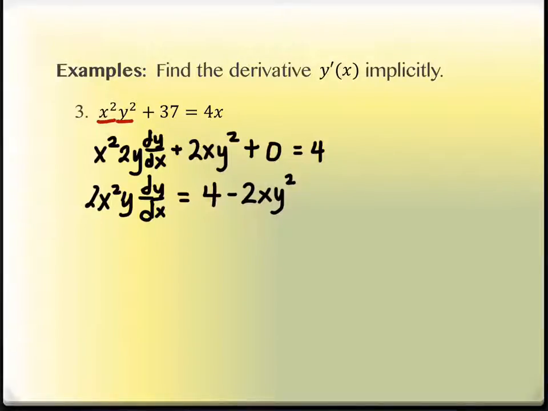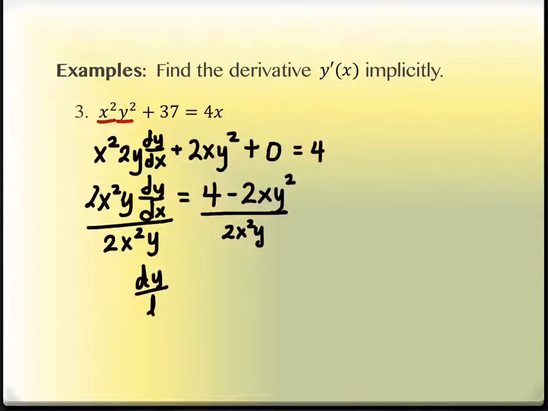Yeah. Divide by the 2x squared y. So I have dy dx equals this piece here. What do you notice? Yeah, every term has a 2 in it, right? Or a factor of 2 in it, really.